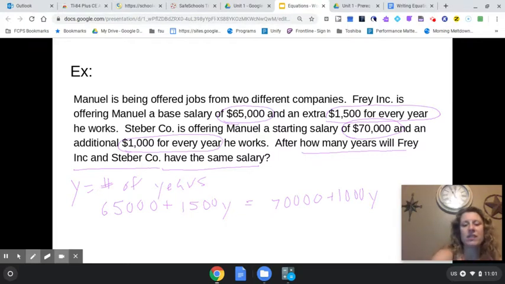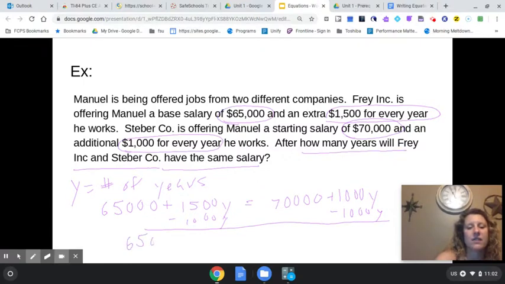So we're going to subtract 1000y from both sides. That gives me 65,000 plus 500y is equal to 70,000.